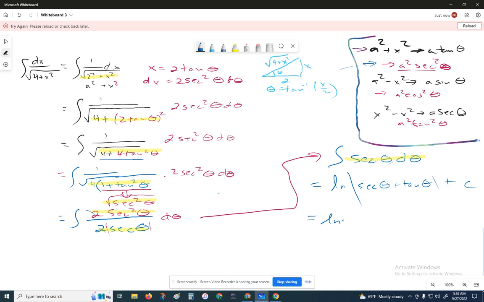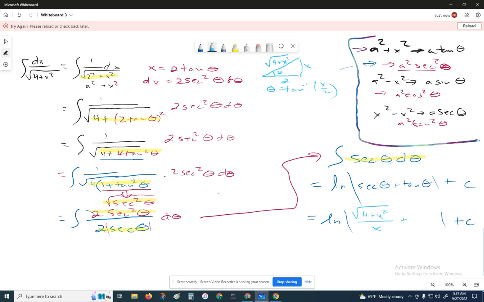So this would be the natural log plus c. Now I just need to figure out what secant is. Secant is the inverse of sine. So opposite over hypotenuse. So it's going to be hypotenuse, which our hypotenuse on the triangle up here is square root of 4 plus x squared, all over x, plus our tangent of theta. And our tangent of theta is equal to x over 2, right?